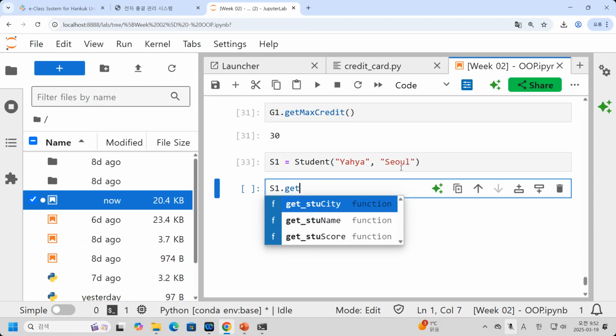So a subclass can go to the super class, but the super class cannot access the subclass. That's the meaning of inheritance. Okay, let's have a break. I will continue after the break.